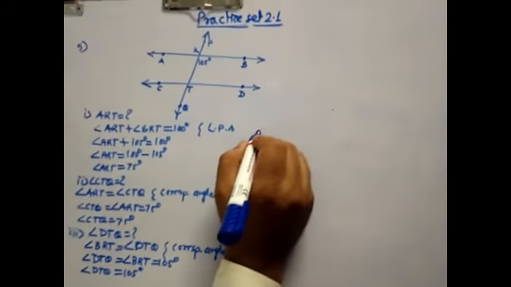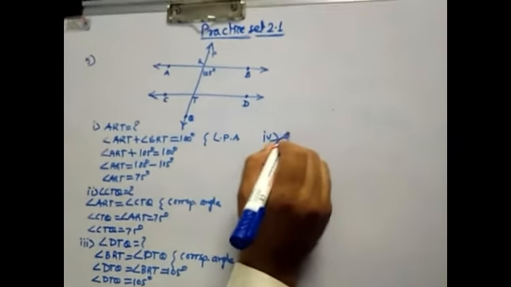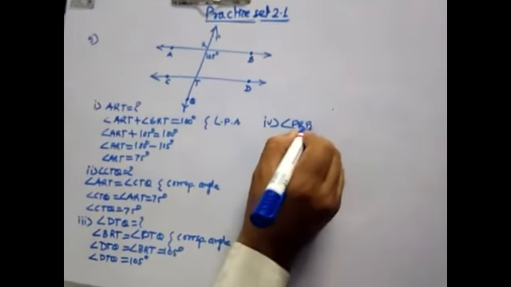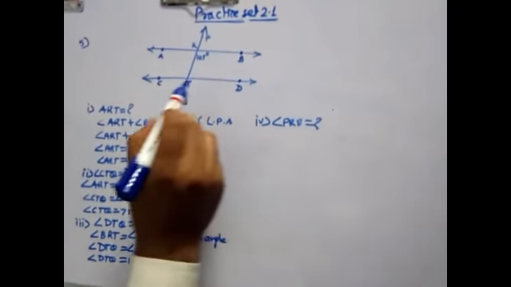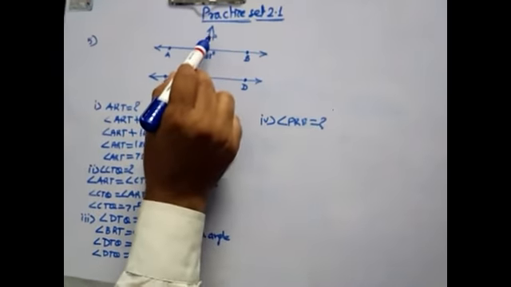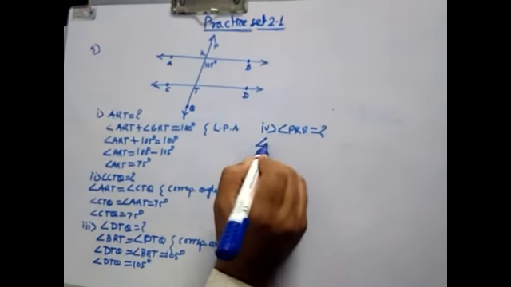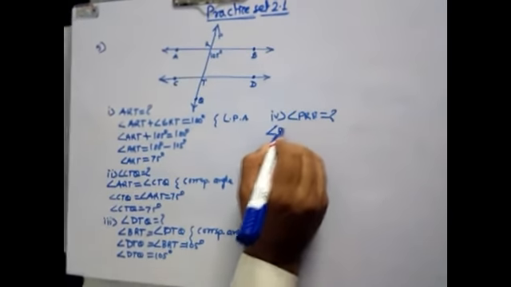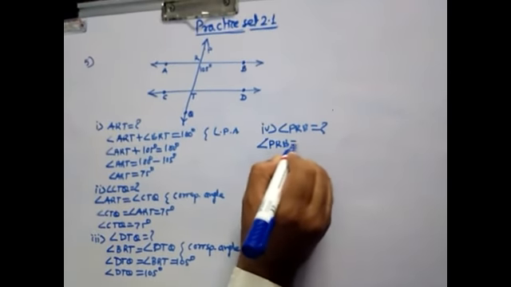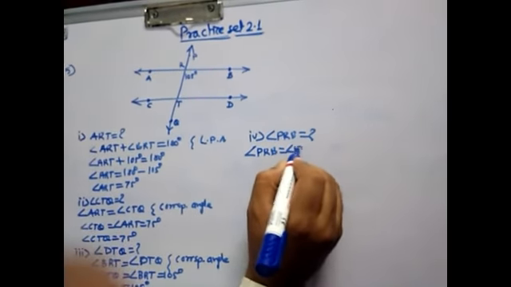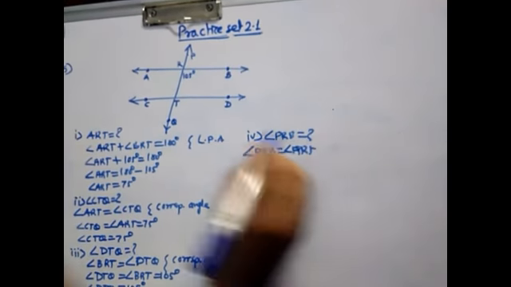And the fourth one, the last one, is angle PRB that we want to find out. Where is PRB? See this angle PRB. Now write down here again angle PRB is equal to angle ART. Where is ART?